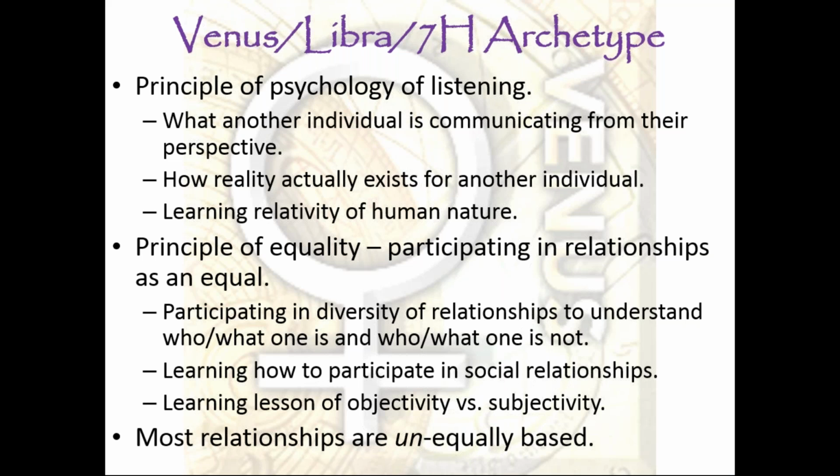When we come from our perspective, we may perceive something as being fair and balanced, but the other person we're relating to may not. So as they speak, and if we can get into that psychology of listening, we're going to evolve how to be in relationship outside of ourselves and learn something more along the perspective of being objective.